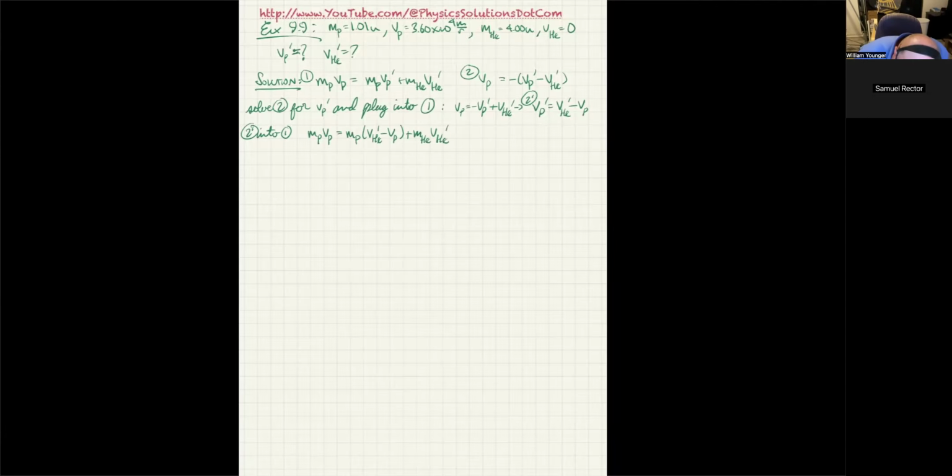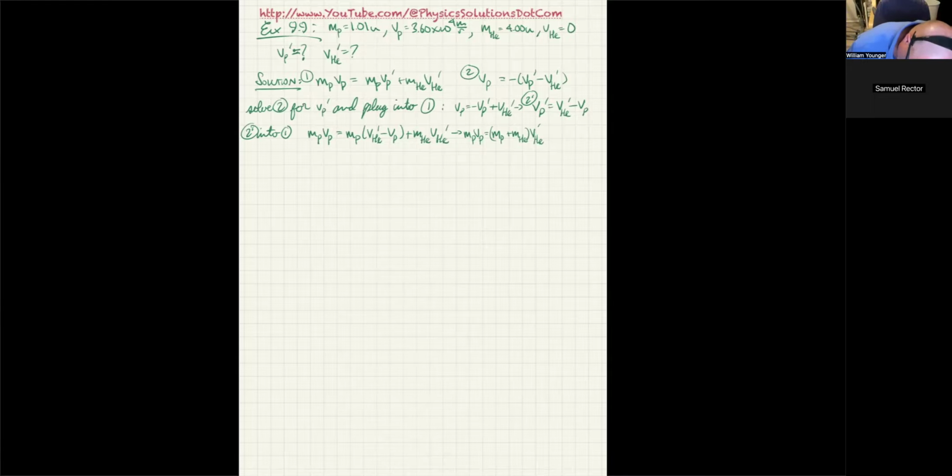I'm going to go ahead and distribute to get rid of the parentheses. That's going to give me MP VP is equal to MP. Now notice the VHE prime has an MP in one case and it has an MHE in the other, so I'm going to go ahead and factor those out: MP plus MHE times VHE prime.